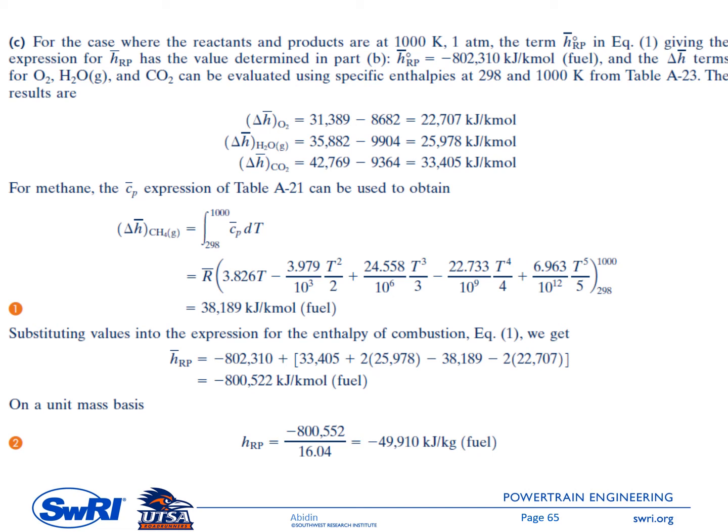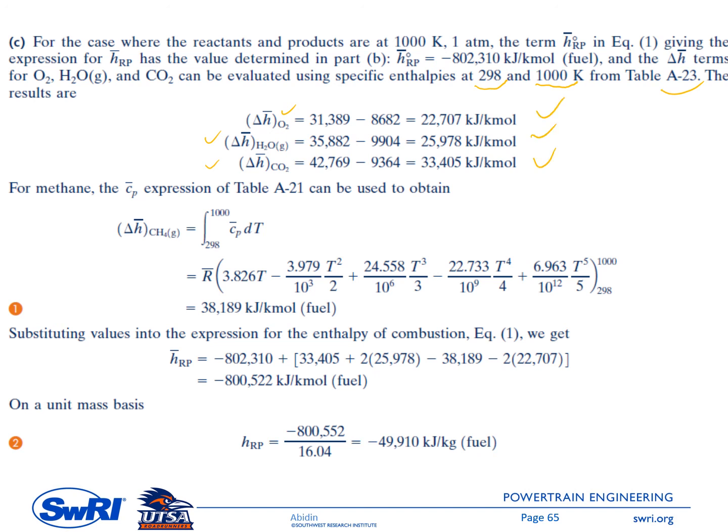So you can use table A-23 to get the delta H for O2, H2O, and CO2. Okay, so you have two temperatures. This is at reference condition, this is at the current condition. So pick up the correct numbers for the enthalpy at these two temperatures for O2, H2O, and CO2 from table A-23, and you will get this delta H.